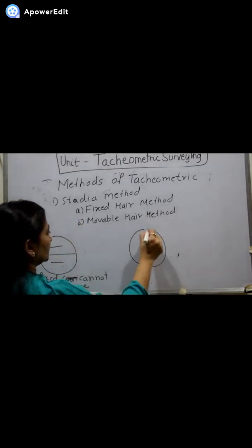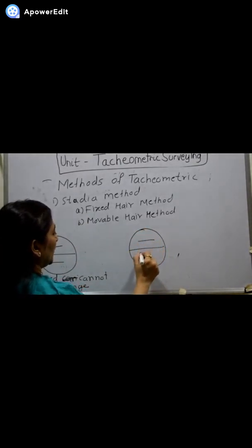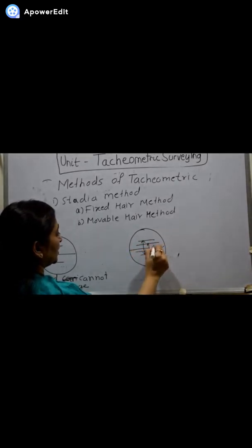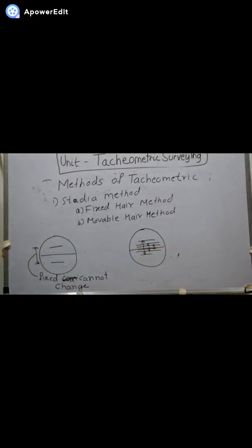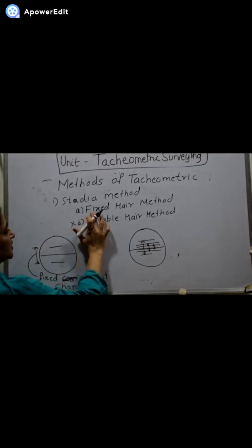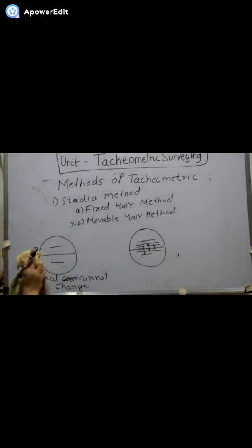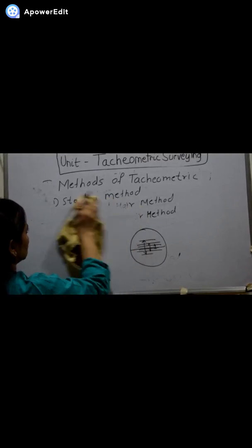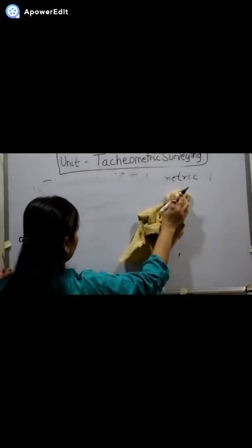Whereas in a stadia diaphragm, when the distance between these two can be changed as per the requirement by making an arrangement, then that method is called the movable hair method. For you, the movable hair method is not in the syllabus, so we are going to focus on the fixed hair method. How the fixed hair method works, we are going to see in detail right now.